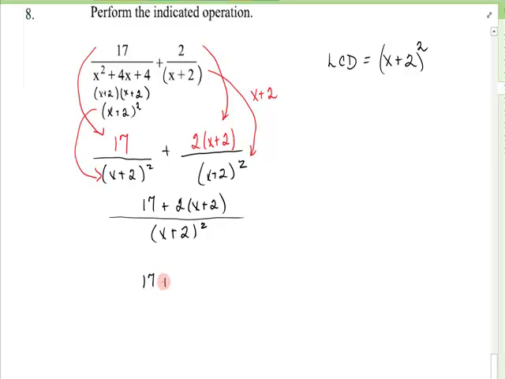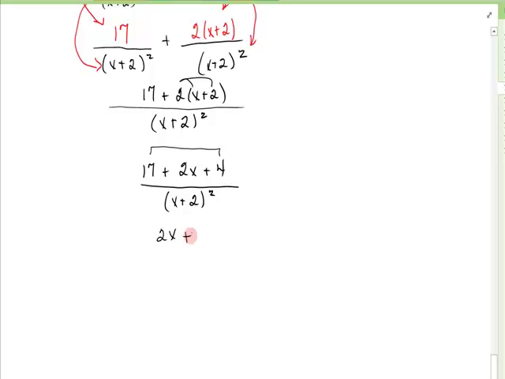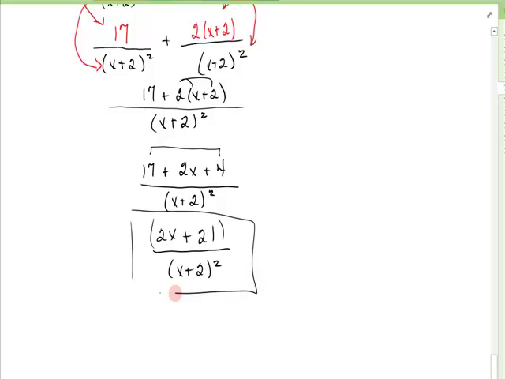That's 17 plus, let's use the distributive property, 2x plus 4 over x plus 2 squared. Combining the two constants, I keep the 2x. 17 and 4 is 21 over x plus 2 squared. Can I factor the numerator? No. So I can't reduce anything, and I'm done.